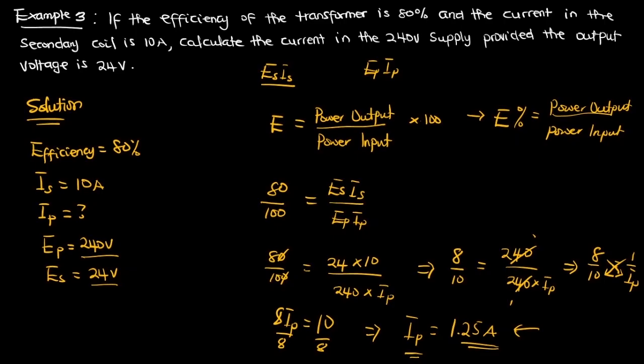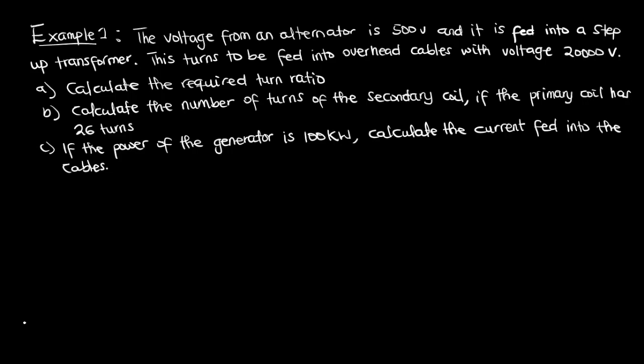This is just some few questions on transformers. We'll be looking at more questions, and then we'll move on to the past questions related to transformers. In this video, we want to look at more examples on transformers. In our previous video, we looked into detail at what transformers are, the types of transformers that we have, and all the necessary formulas that we need to do calculations on transformers.